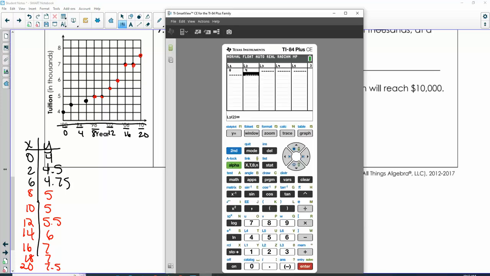Once you get your table, you can put those in. And then I can get my equation.